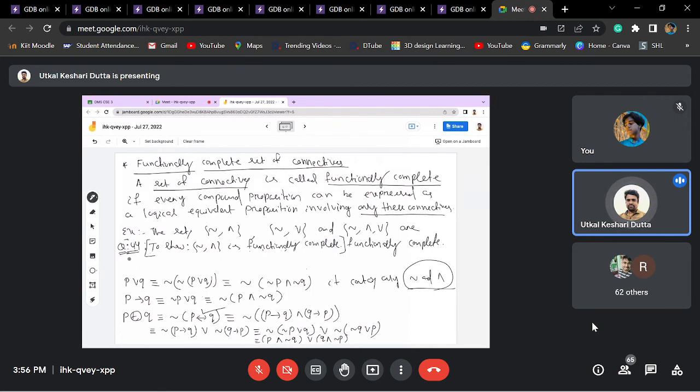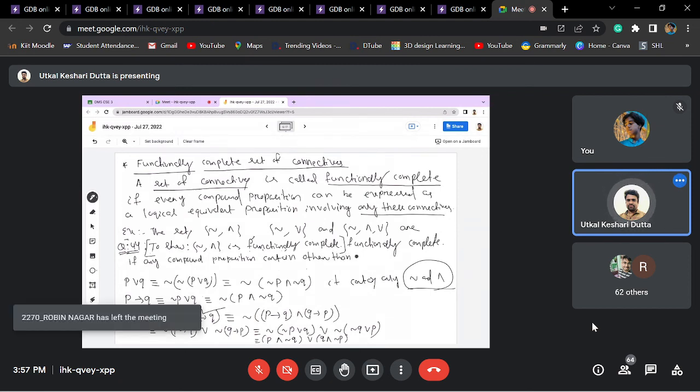That means you can write here, if there is any compound proposition that contains connectives other than those given in the set, other than negation and conjunction, then what are these connectives?